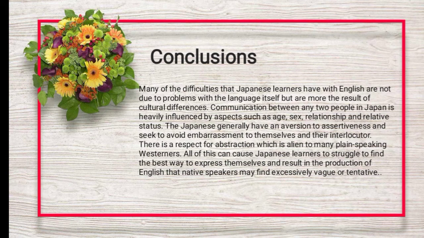The Japanese generally have an aversion to assertiveness and seek to avoid embarrassment to themselves and their interlocutor. There is a respect for abstraction which is alien to many plain-speaking Westerners. All of this can cause Japanese learners to struggle to find the best way to express themselves and result in the production of English that native speakers may find excessively vague or tentative.